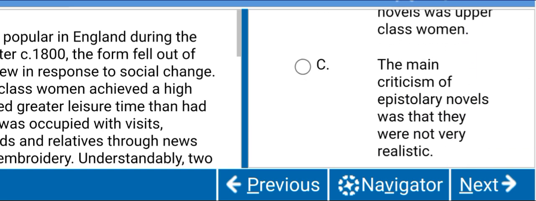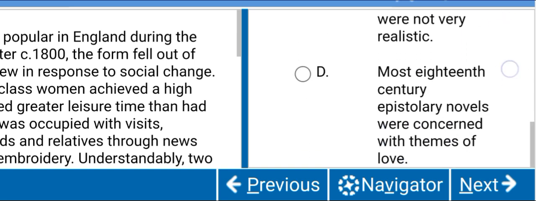Option C, the main criticism of epistolary novels was that they were not very realistic. Option D, most 18th century epistolary novels were concerned with themes of love.